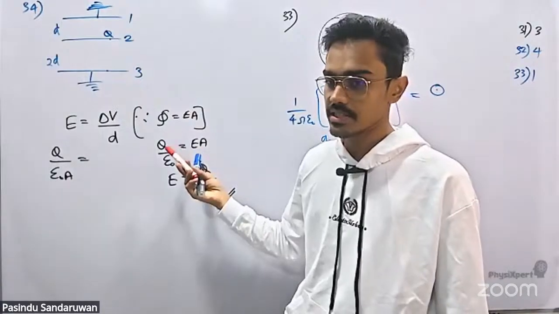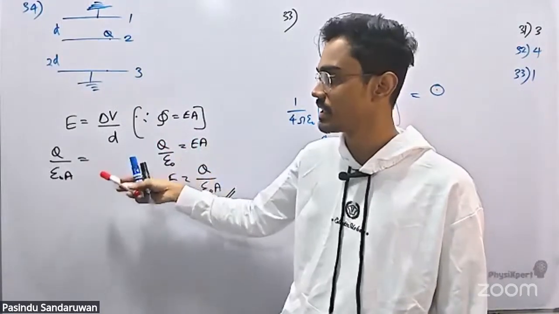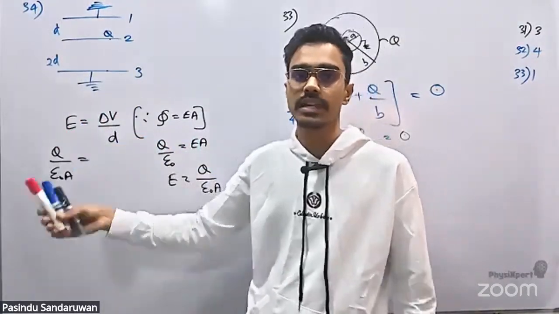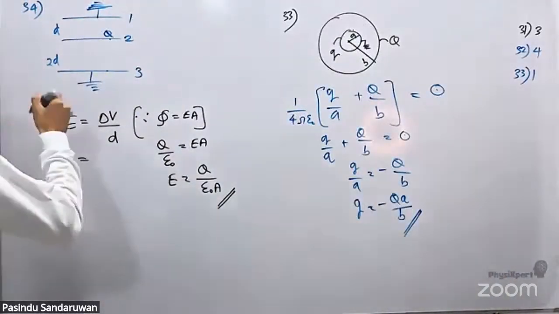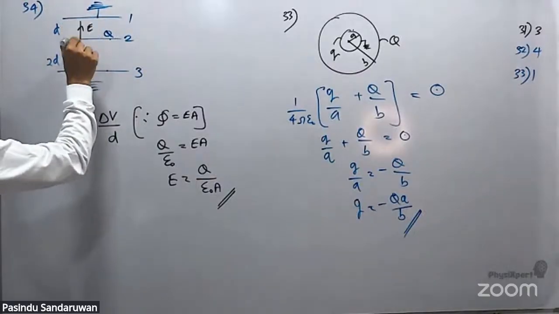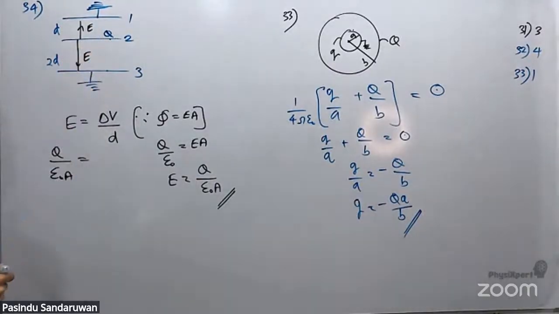The same distance. Then if you are using it for D, we have to use that. You can remember E. The E is like this. From here to here, there is E. Right.